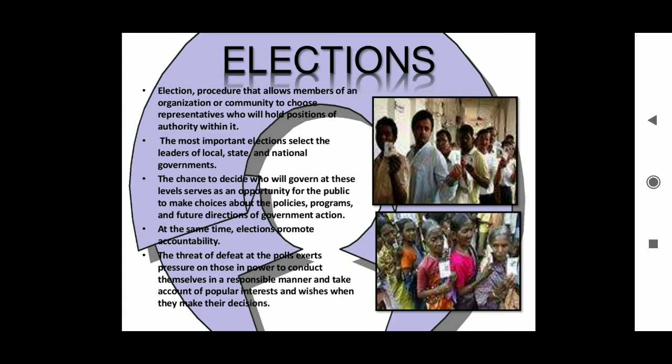So the chance to decide who will govern at these levels serves as an opportunity for the public to make choices about their policies, programs, and future directions of the government actions. So when people choose which representatives or which political parties, it means they also choose the programs of different political parties, the policies of different political parties, and what will be the future directions of the government action.